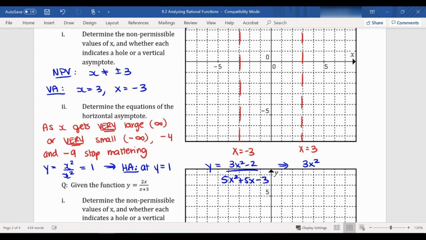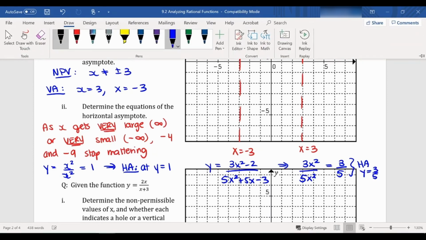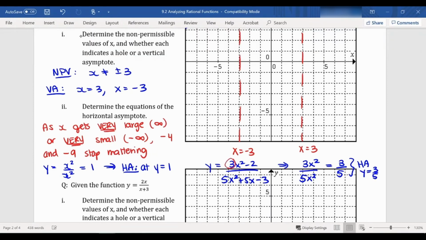On the bottom, the 5x and the -3 stop mattering, so the bottom becomes like 5x squared, which would equal 3 over 5. So this is where my horizontal asymptote would be. So really what it is is the coefficient of the numerator's highest power over the coefficient of the denominator's highest power, 5. That's for our horizontal asymptote. Only if the degrees are equal.